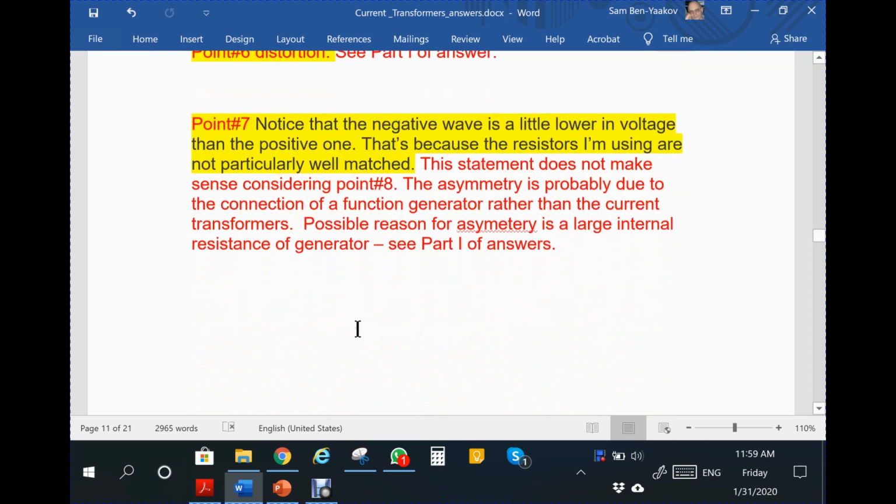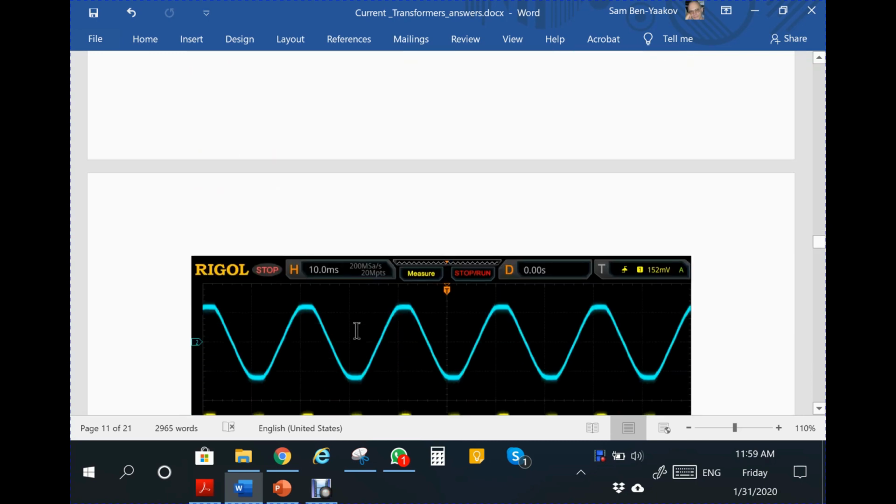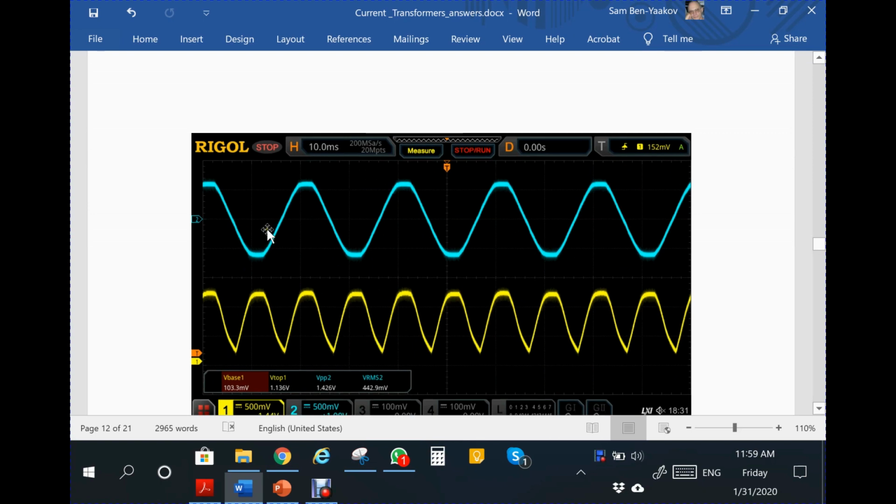On the other hand, in the real measurement of the real current, this is now the current of a heater going through the primary of the transformer, and this is now the current, and this is the rectified value. We see that there is no difference here.